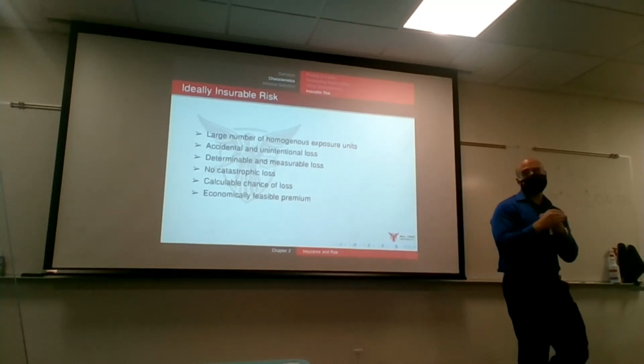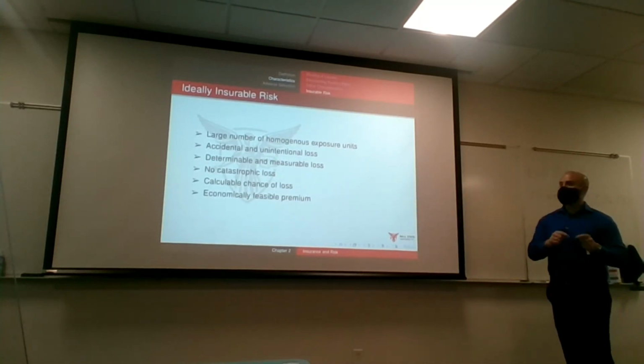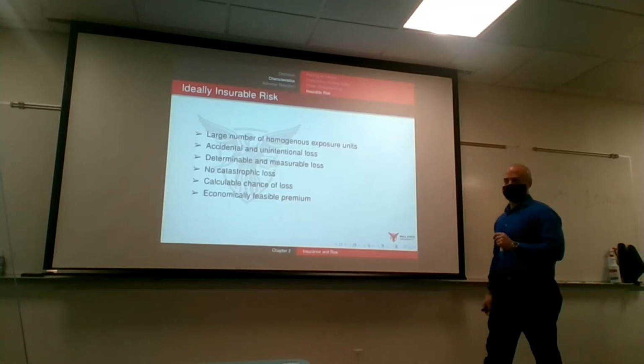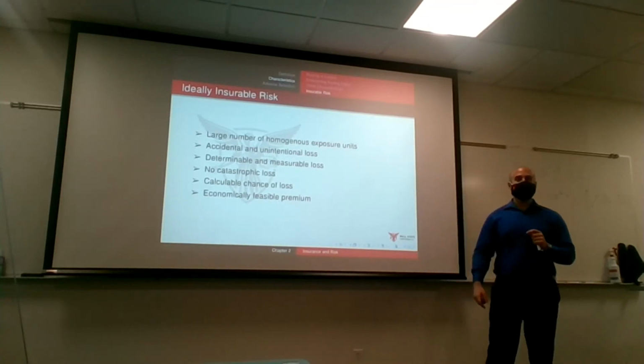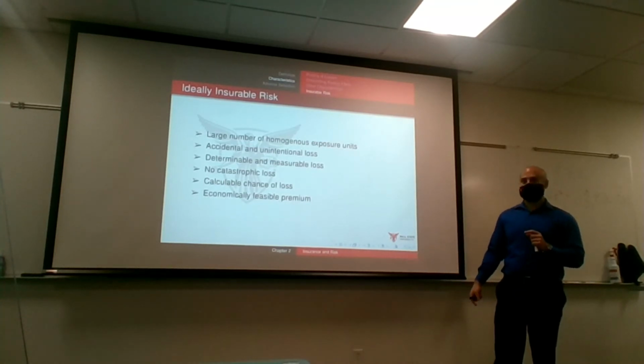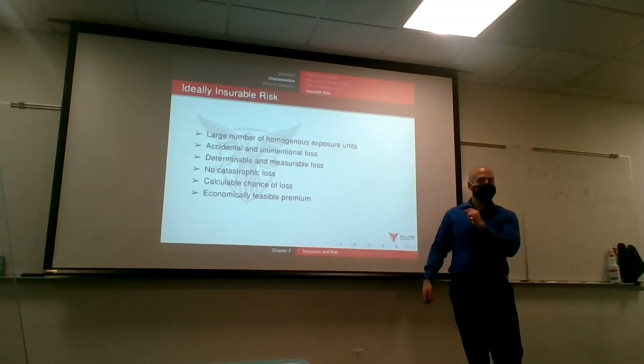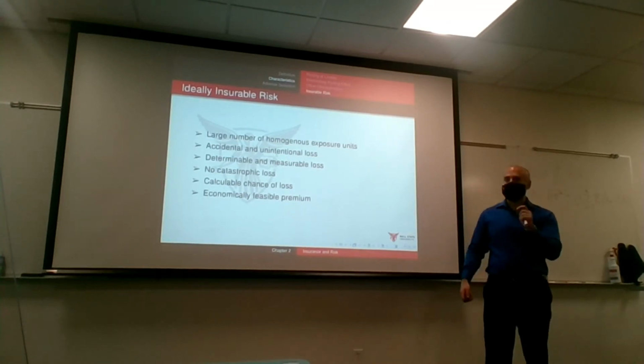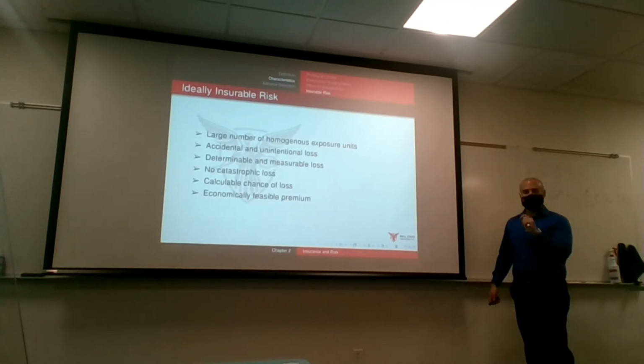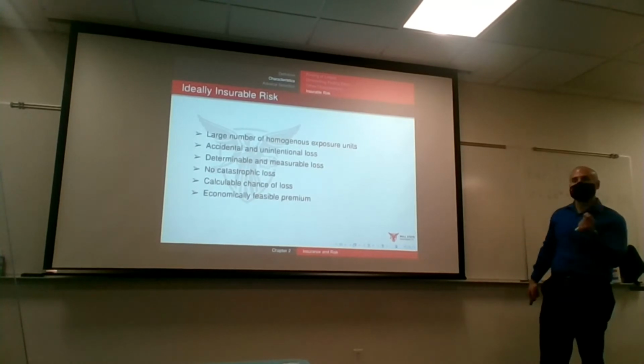So this is not diversification. Pooling is not diversification. Diversification, we don't want similar types of risk in our portfolio. Now, what we don't want within these, we don't want them to be correlated. But we want the units, the type of loss, to be similar.